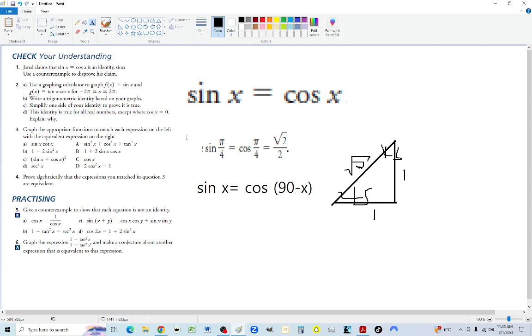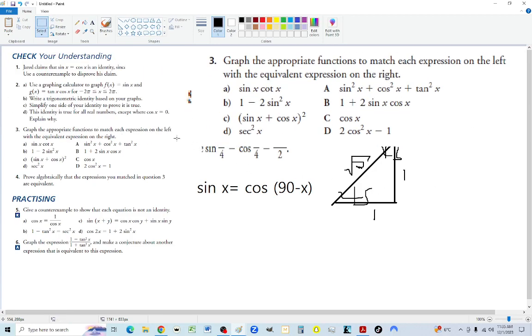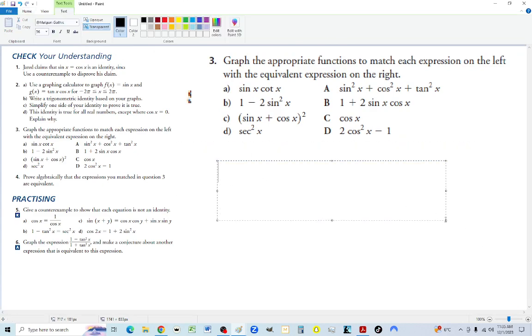Okay. So what they're teaching you to do is to rewrite it to match a trigonometric function. So let's look at sine x times cot x. Try to remember that tan x is sine over cos, so cot x is going to be cos over sine.